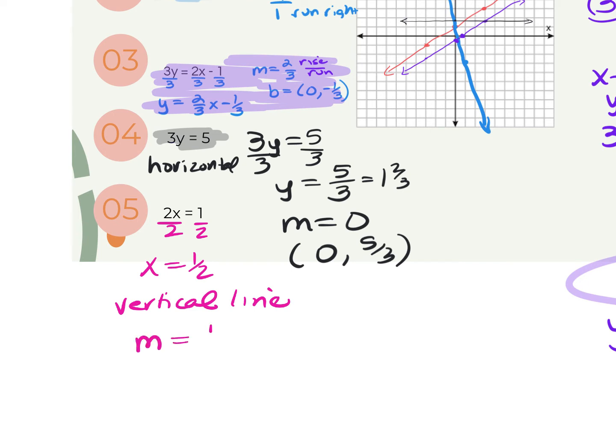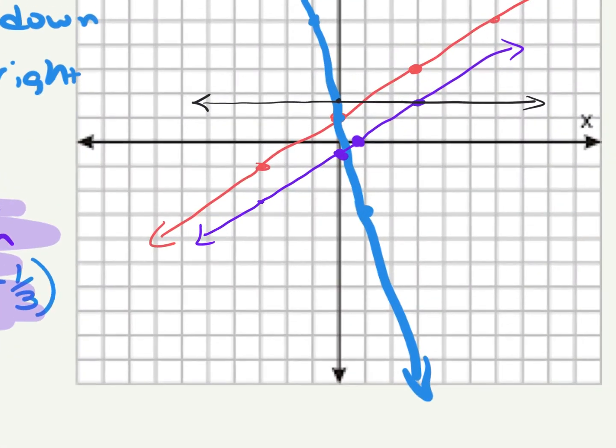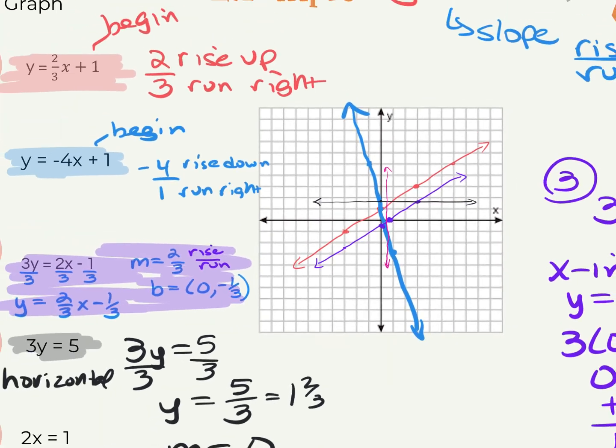So on WebAssign, you're going to enter DNE, does not exist. And also your y-intercept is not going to exist because it's not going to cross the y-axis. It's going to go right in here through the 1/2. And this will be x equals 1/2. It's a vertical line.